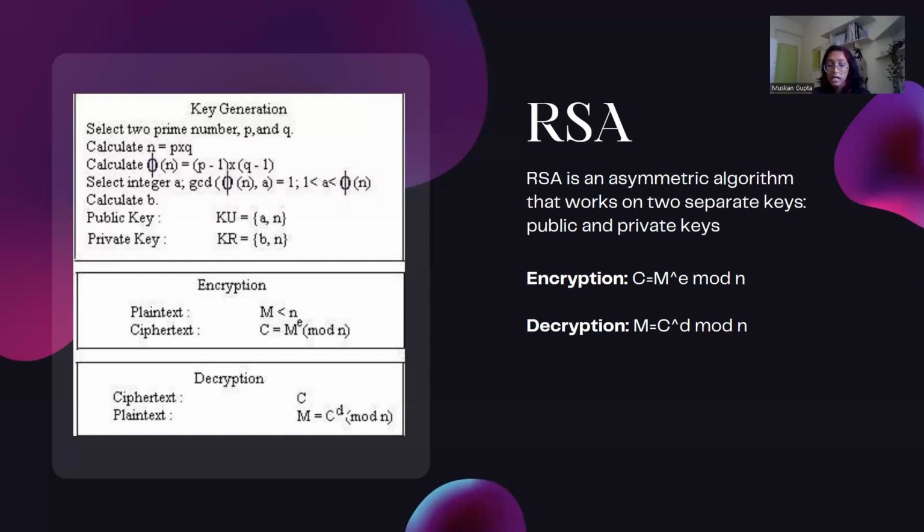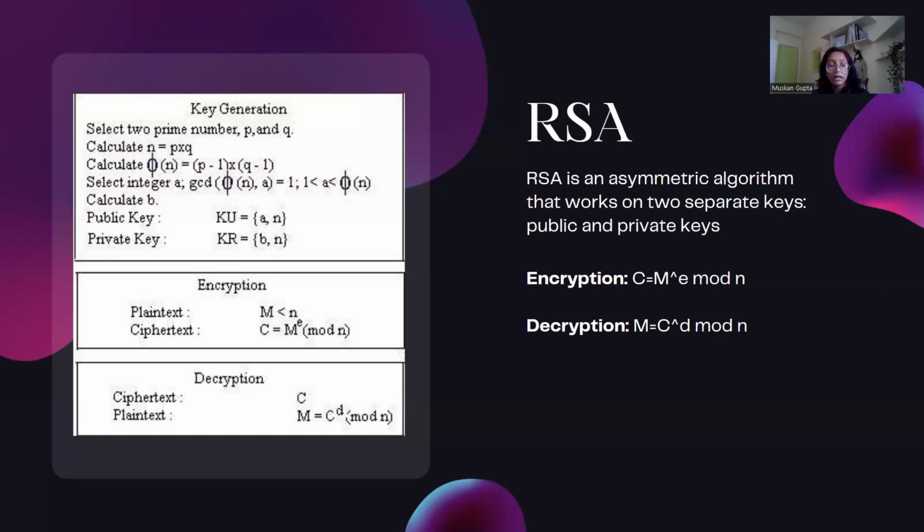As shown on the screen, I use M and C as plain text and ciphertext respectively to define the encryption and decryption procedures shown in the image. To encrypt a message using RSA, the message is converted into a number and then raised to the power of the public key E modulo n.